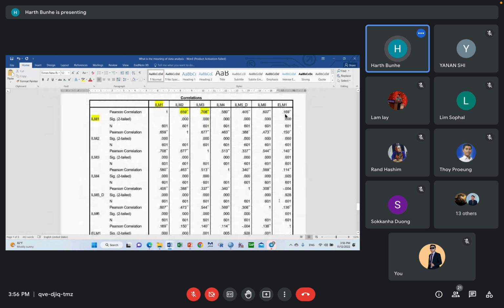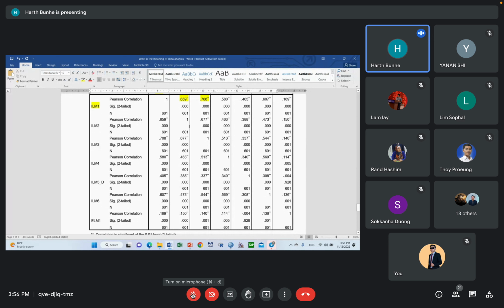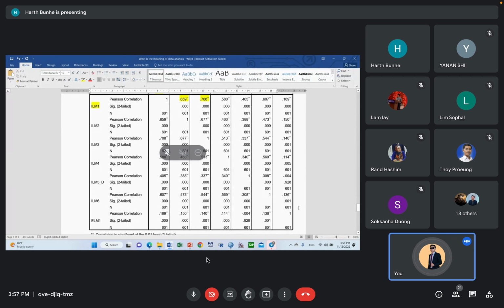You got the point, everybody? You can read the numbers below the diagonal, or you can read the numbers above the diagonal here.